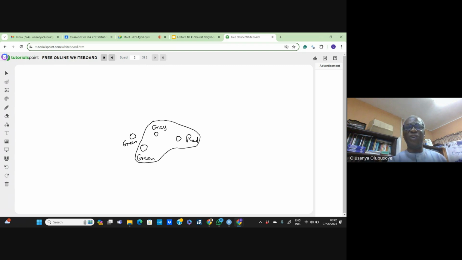Here I've used only 2 as K, as neighbor to the gray. How will you now be able to tell the distance between this? It is approximately, you are just using your eye, approximately the same.